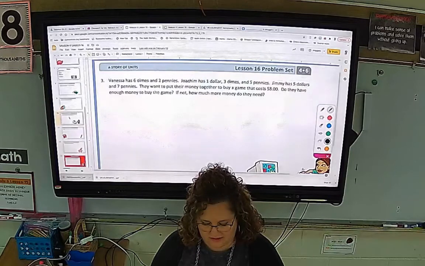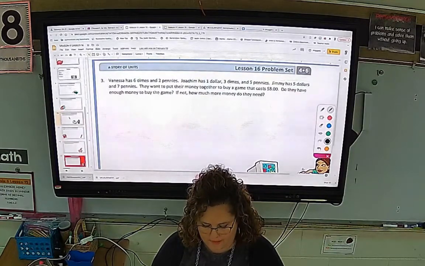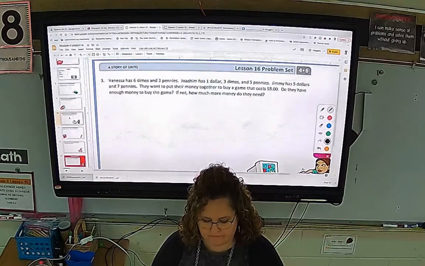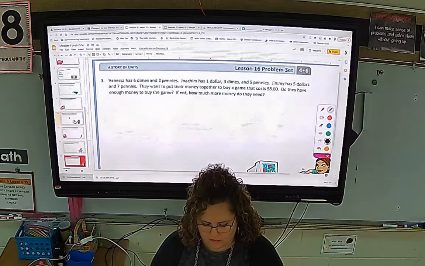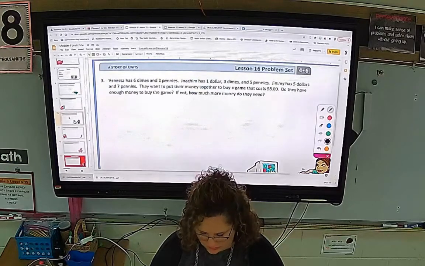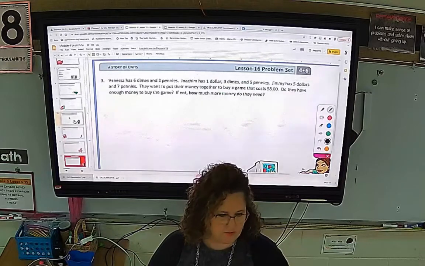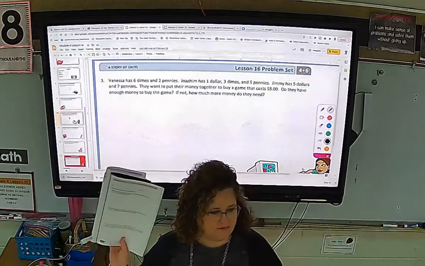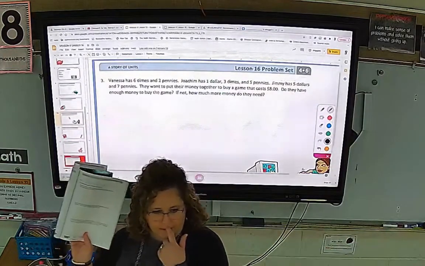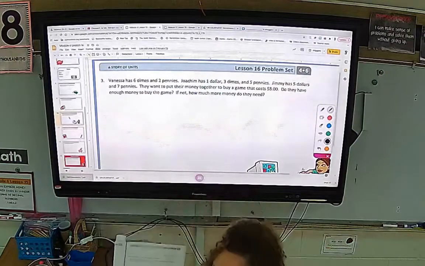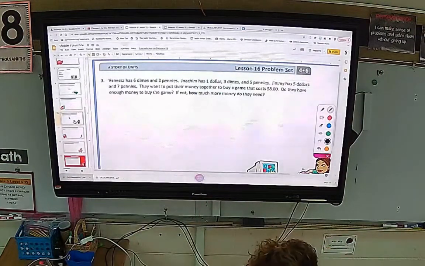This is Lesson 16. So this is on page 85. It's at the bottom. This is problem 3 on page 85. You can now take your whiteboards. This is your workspace right here.